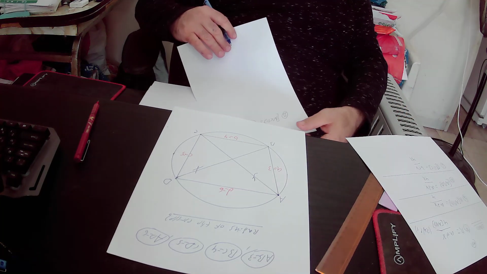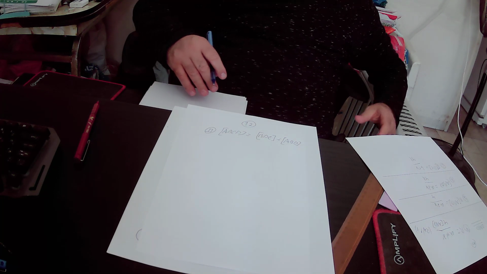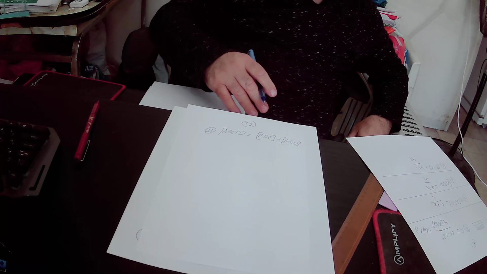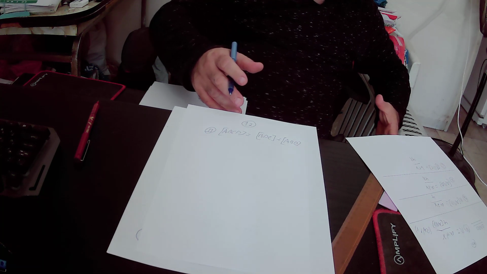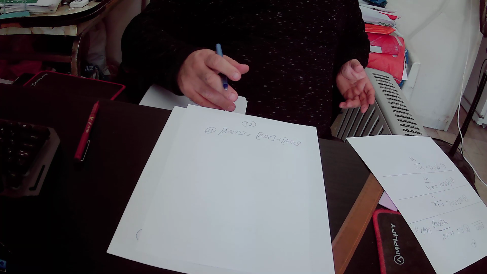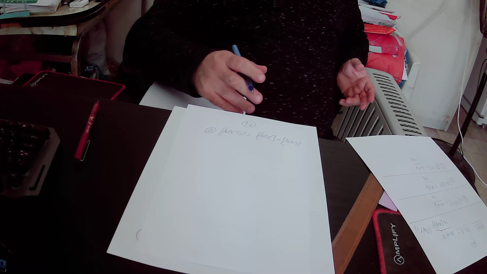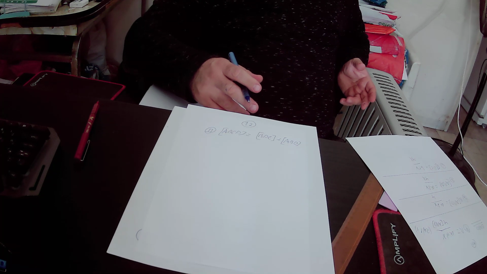I repeat again, quadrilateral ABCD consists of 2 triangles. Therefore, the area of quadrilateral ABCD will be equal to the sum of the areas of the 2 triangles that it consists of.